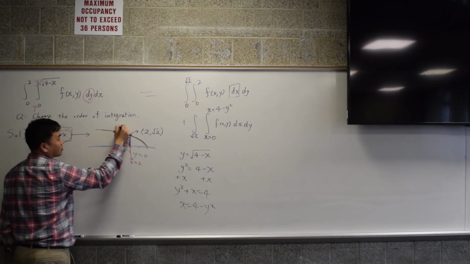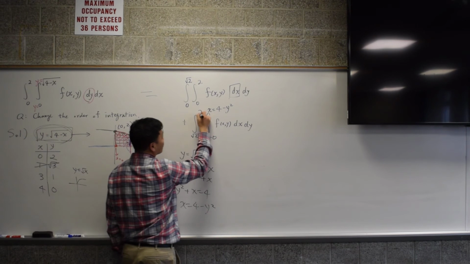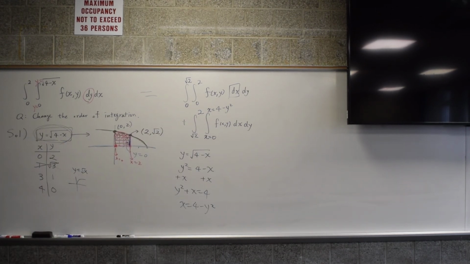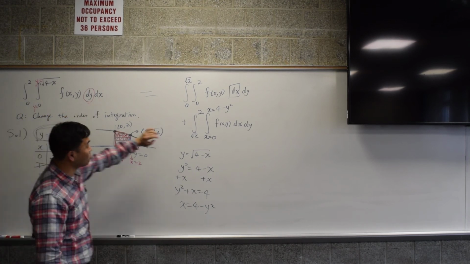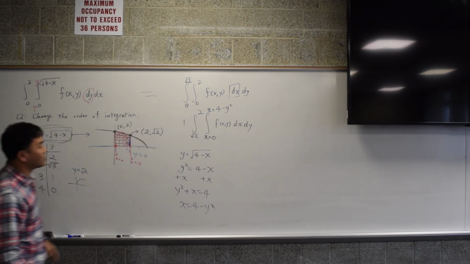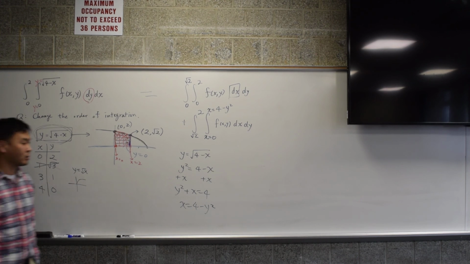This coordinate is 0, 2. So the y value has the maximum of 2. And that's it. You've succeeded in converting the original integral in dy dx into an integral in dx dy, and we found out that we actually needed 2 integrals to achieve it. Sometimes that does it.